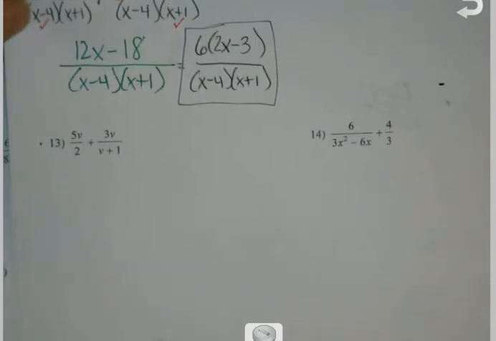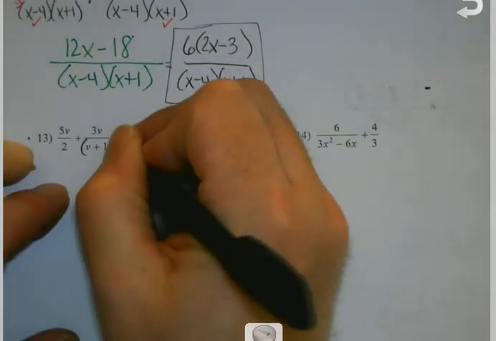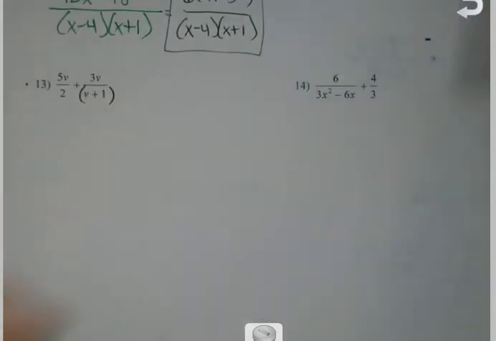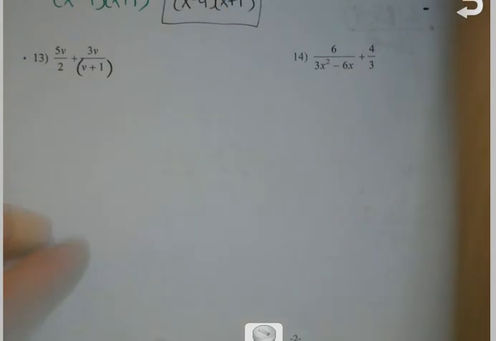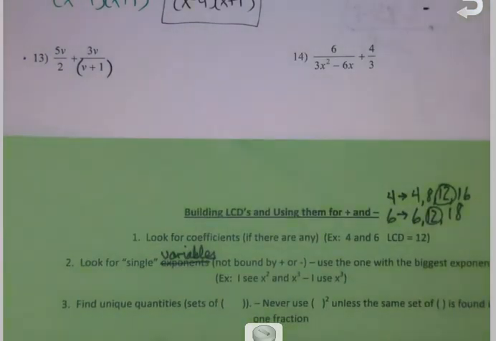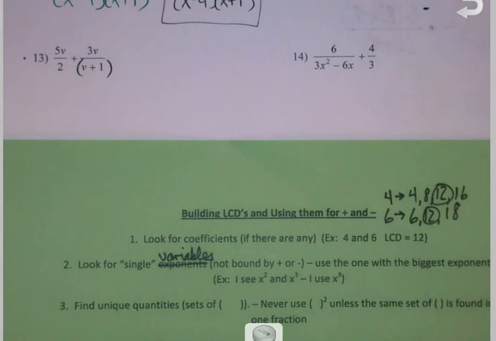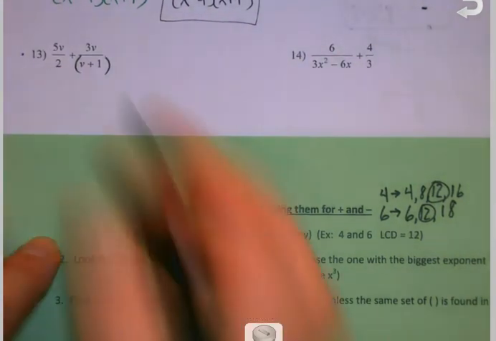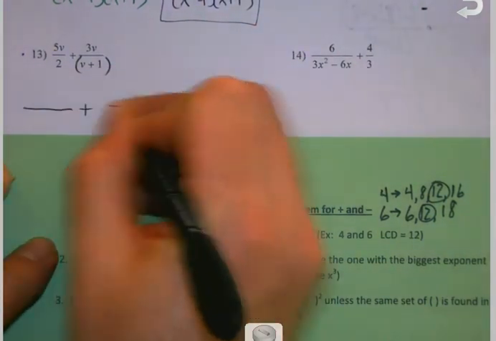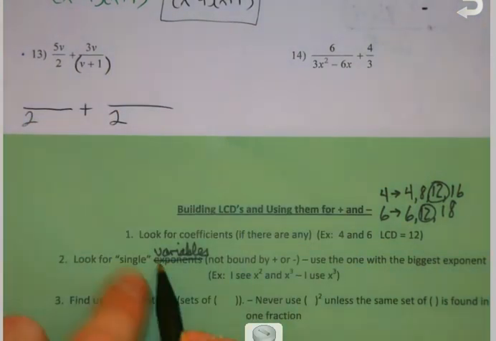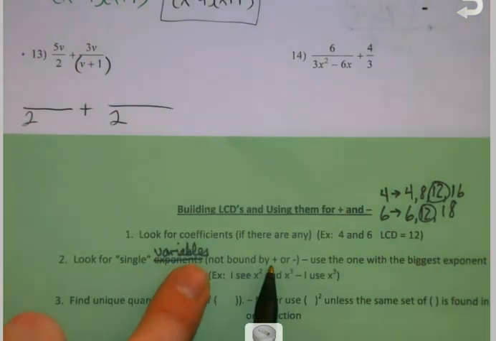Okay. 13, same idea. We're still adding. But again, I run down my checklist. I'm going to move this up a little bit higher so I can get my checklist on the screen here. Not too shabby. Number 1, look for coefficients. Got one, so 2 is part of my LCD. Look for single variables that are not bound by plus or minus.